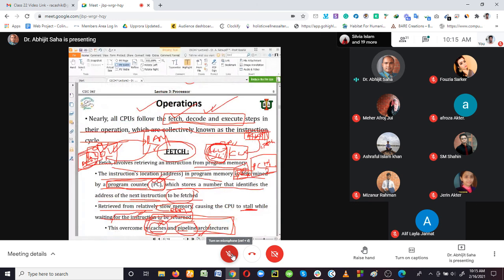It holds the current operation. That means who is inside the Viva room currently, serial number 1, who is facing the Viva. So IR is serial number 1. IR is keeping the memory address of which instruction is executing at this moment in the ALU, in the execution unit.